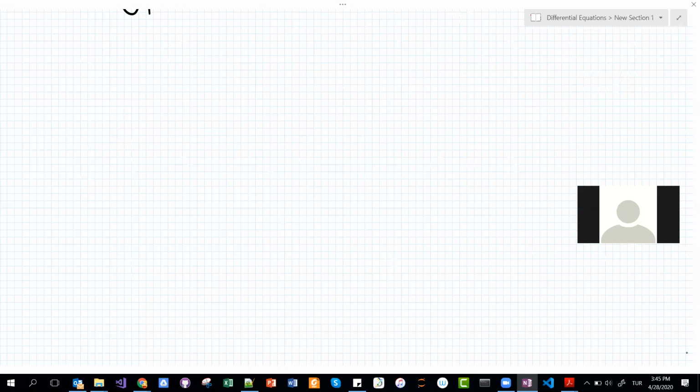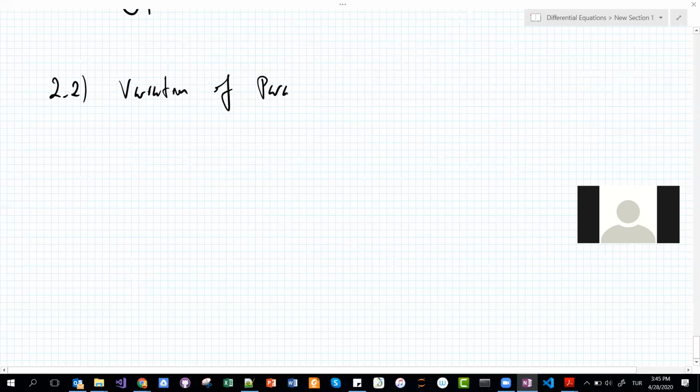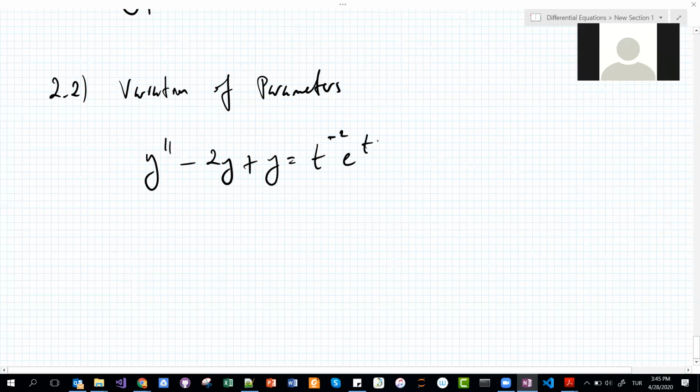Okay, the next section is about the variation of parameters. Let me solve one of these. I will solve the second question, which is equal to (t - 2)e^t. First I will need the homogeneous equation solution.